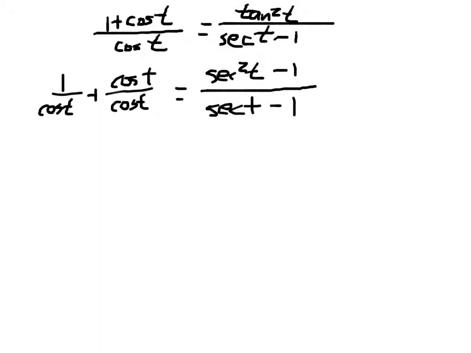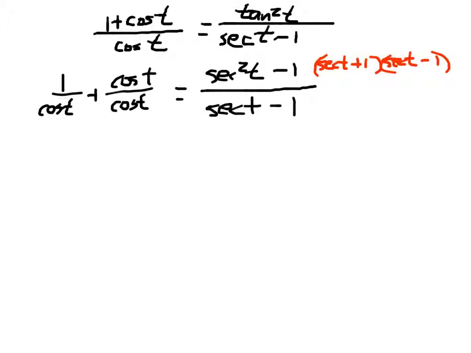Alright, so I'm going to bring my denominator down. And what I'm going to do at this point is take this numerator, which is a difference of squares, and rewrite it as a multiplication of conjugates. And so it's going to be secant of t plus 1, secant of t minus 1.